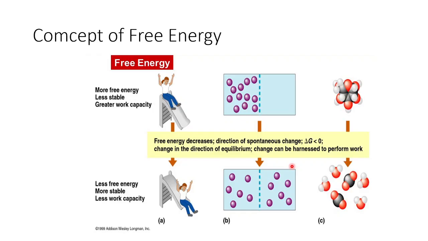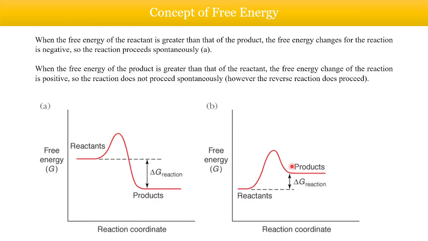That means delta G is greater than 0, which means it's not a spontaneous process. On the other hand, when delta G, that is the change in the Gibbs free energy, is less than 0, it's a spontaneous process, that is, less free energy, more stable, and less work capacity required for carrying out a particular reaction. We understand these particular concepts.